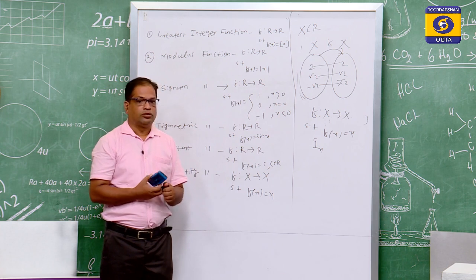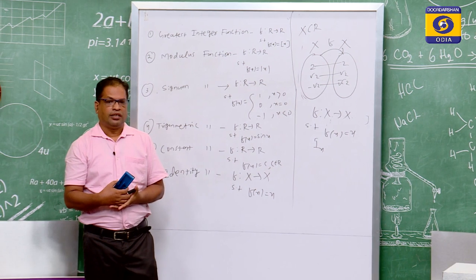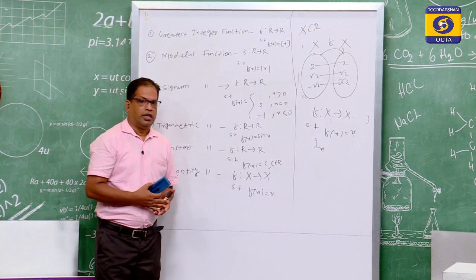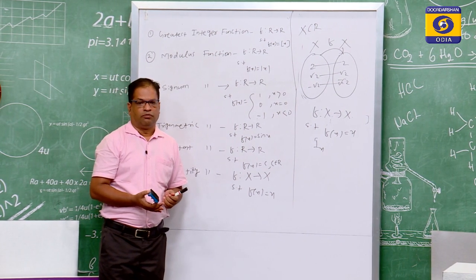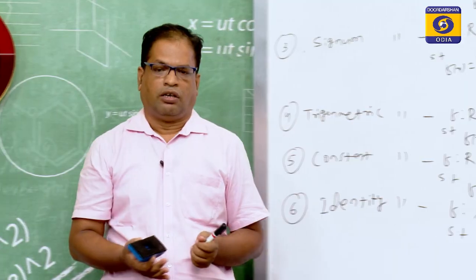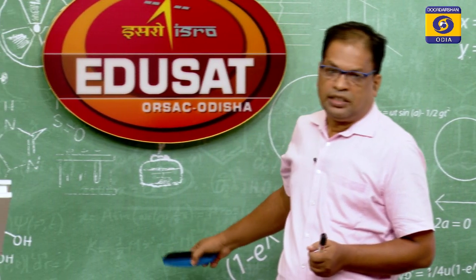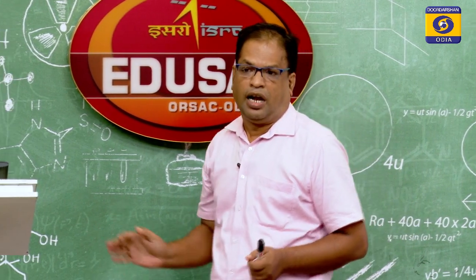But you can make them bijective by restricting the domain and codomain. Similarly, you can test any function for 1-1 and onto. If it is not 1-1 and onto, you can restrict the domain and codomain to make it 1-1 and onto.